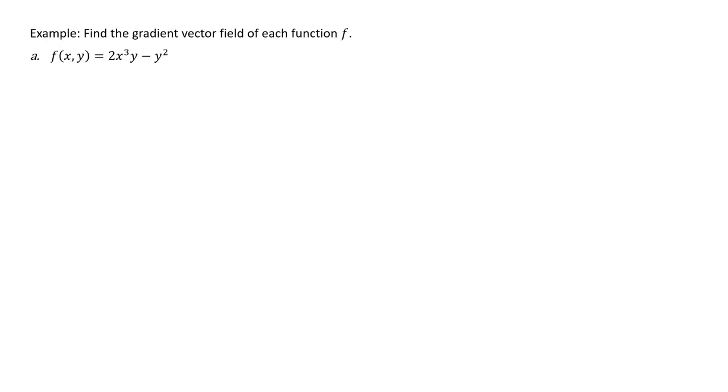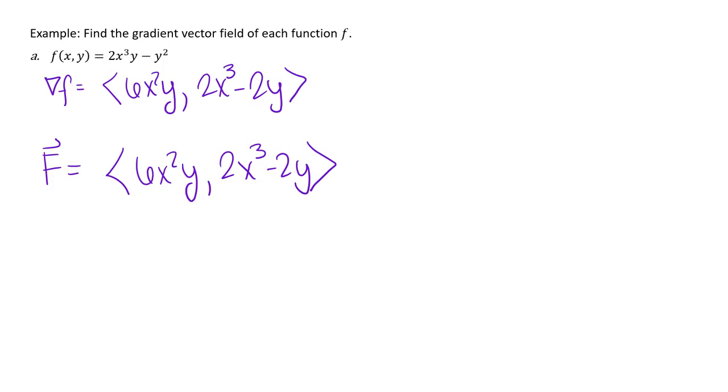For now, I really just want you to be able to compute a gradient vector field for a function. So for example, if I have the function f(x, y) equals 2x to the third y minus y squared, the gradient vector field is simply a vector field where the x component is our derivative with respect to x, and our y component is our derivative with respect to y.